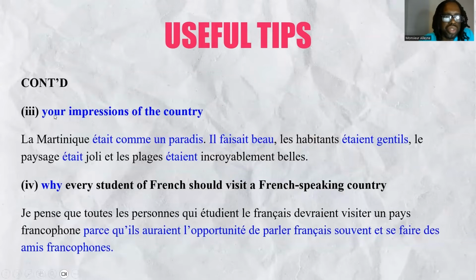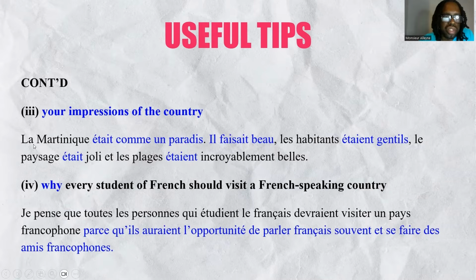Okay, so cue number 3 asks for your impressions of the country. And here we have La Martinique était comme un paradis. Il faisait beau, les habitants étaient gentils, le paysage était joli et les plages étaient incroyablement belles.